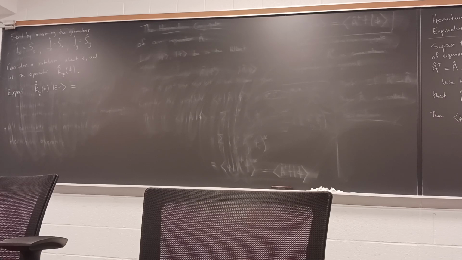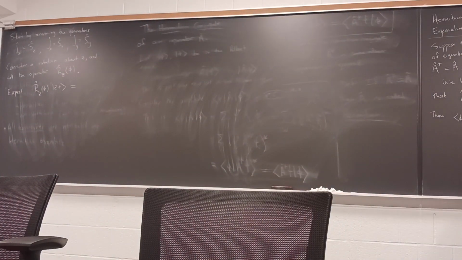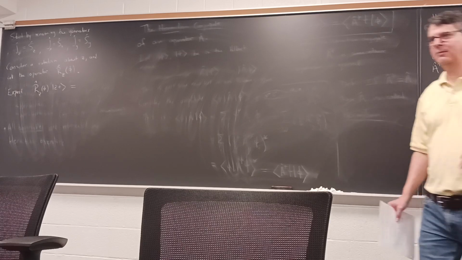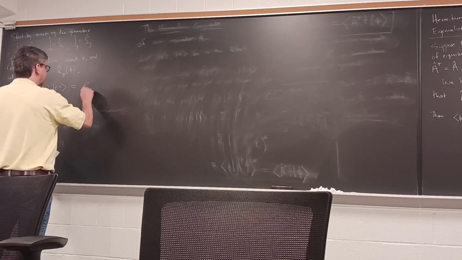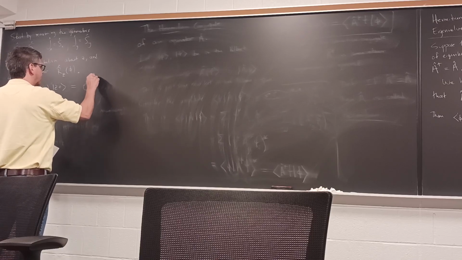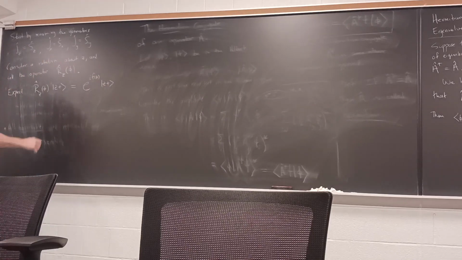Well, if I've got something that's pointing along the Z-axis and I rotate it about the Z-axis, it doesn't change, right? It's still just Z plus. But it might introduce a phase, which is an unobservable thing, but we have to allow for that. So we expect that this thing could be some e to the I, some function of phi times Z plus. This could introduce a phase.